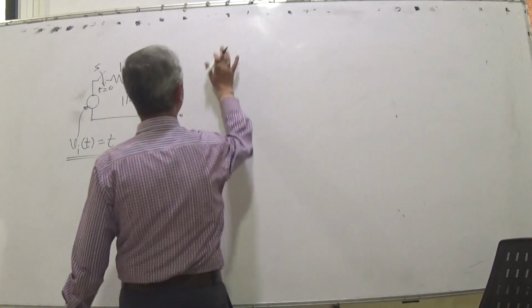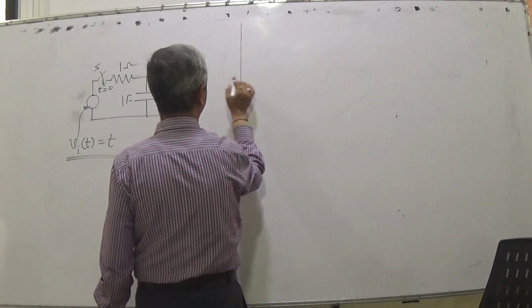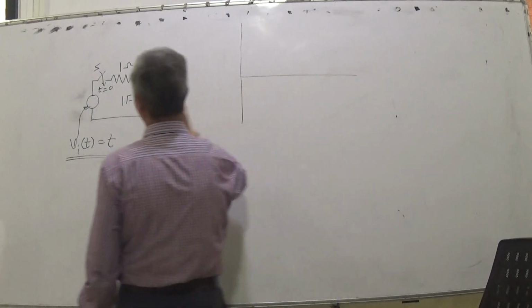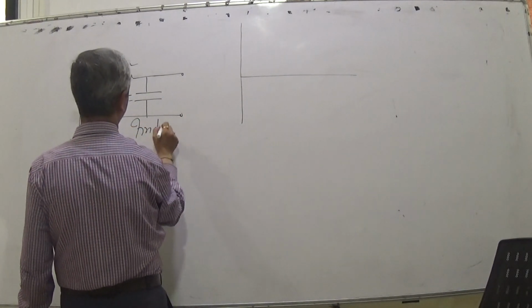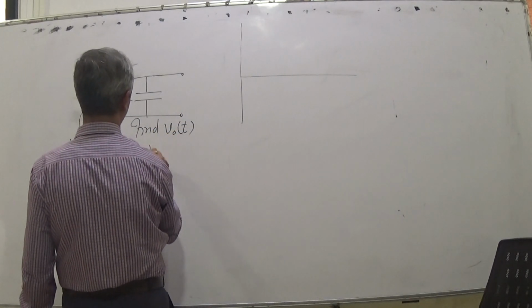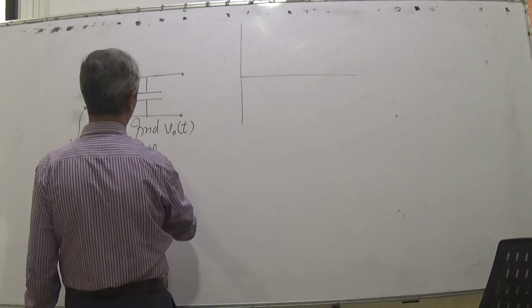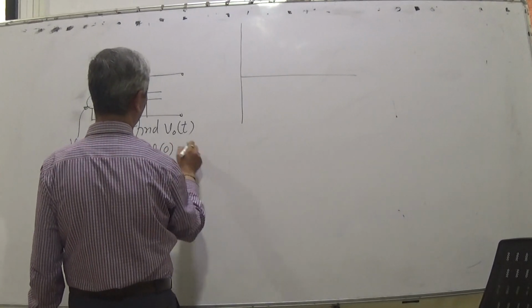So what am I doing? Input 0, and find VOT if VO 0 is 0.